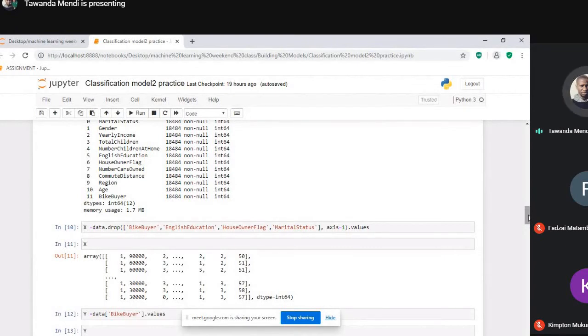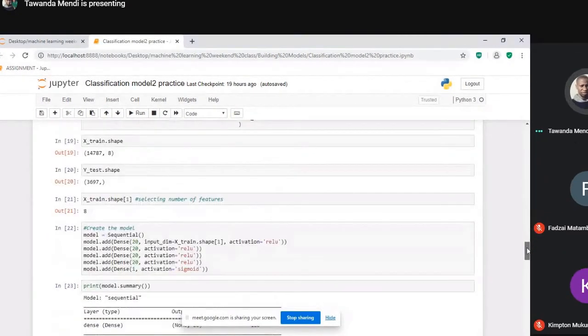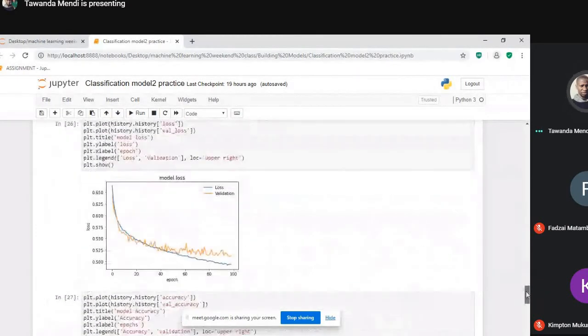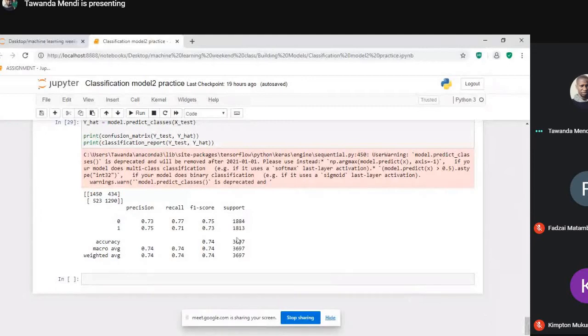Because I've done the process right, but when you're fine-tuning your model, usually most of the decisions, what is your accuracy? My accuracy was about 0.6, but when I dropped these columns, the accuracy changed to almost 0.74.